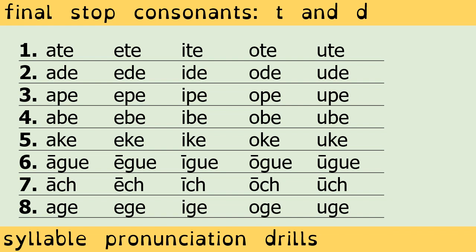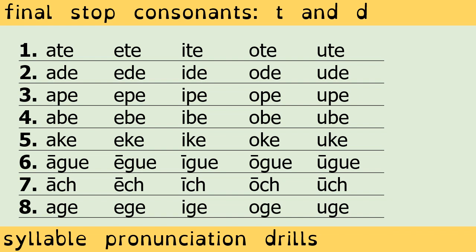In English, we can't end a word with the letter U. So, the digraph GU becomes GUE. That means that the E at the end of those syllables is not a magic E. That is why all the vowels in line 6 still have the accents over the vowels.